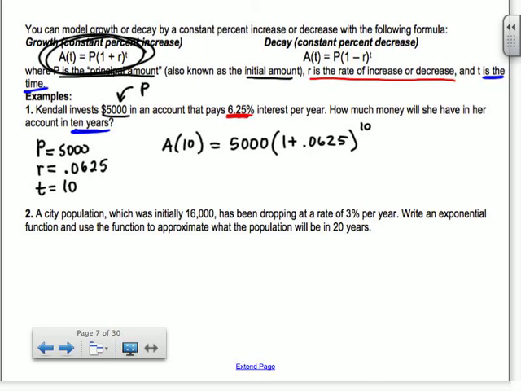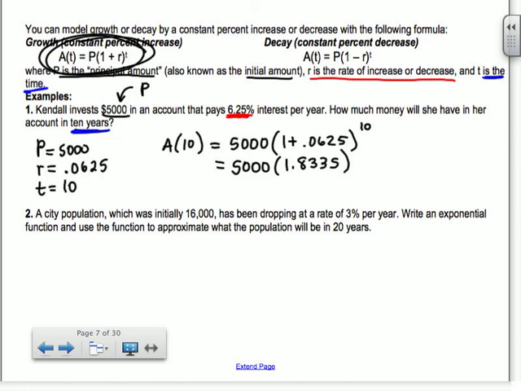So I'm going to plug it in. I have 1.0625 raised to the 10. I always have to do my order of operations, right? So I did my parentheses first and got 1.0625, and then I raised it to the 10. I got 1.8335. Now, Mr. Syrick will tell you, you guys do things like this in pre-calc, and people that round too soon get answers that are off by like $20.